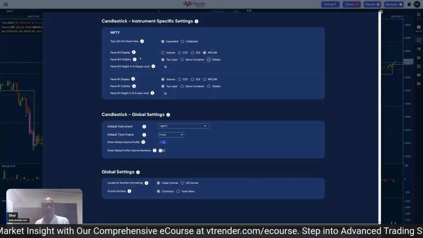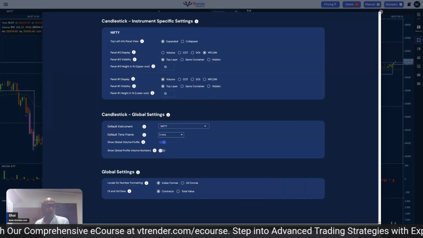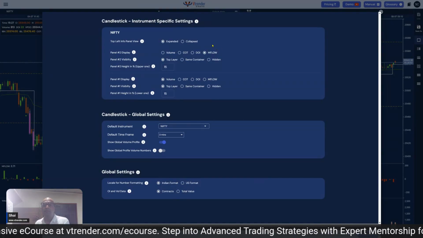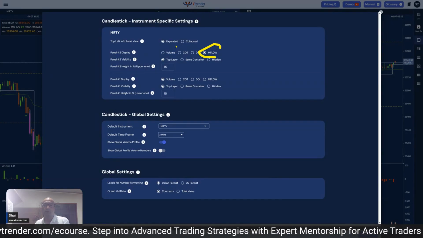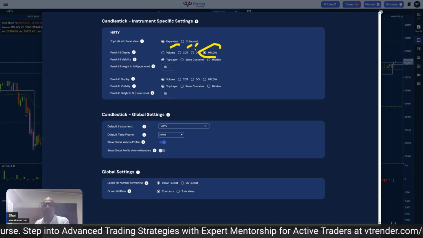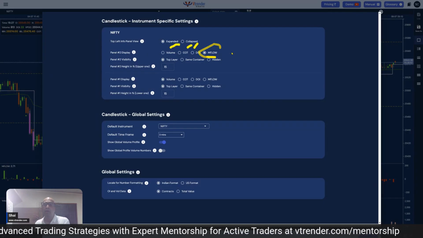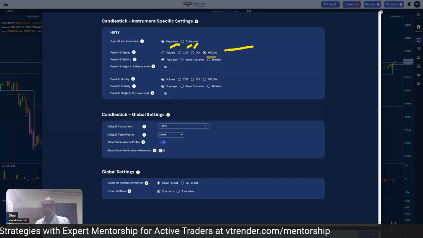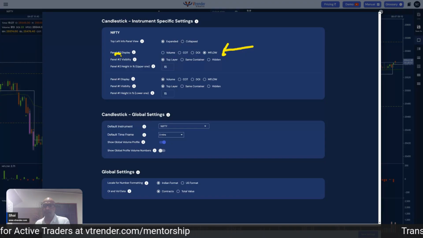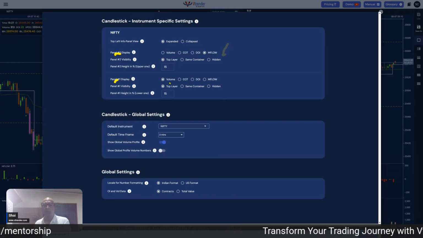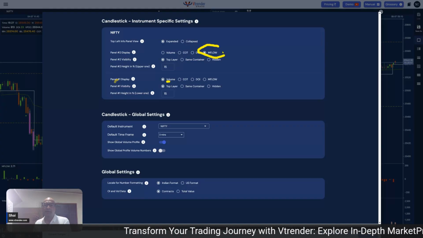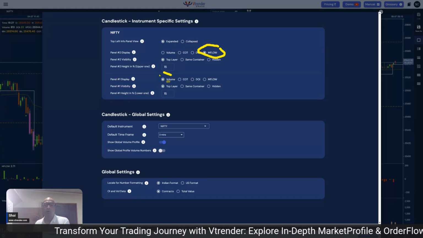I've already activated it. This is my current setting, and I've added MFlow over here. So you'll have volume, you'll have COT, and you'll have the DOI also. I've added MFlow, and the MFlow is panel 2, which is the second panel from the bottom. Panel 1 has the same volume, COT, DOI, and I like to see MFlow against the net volume of the bar.